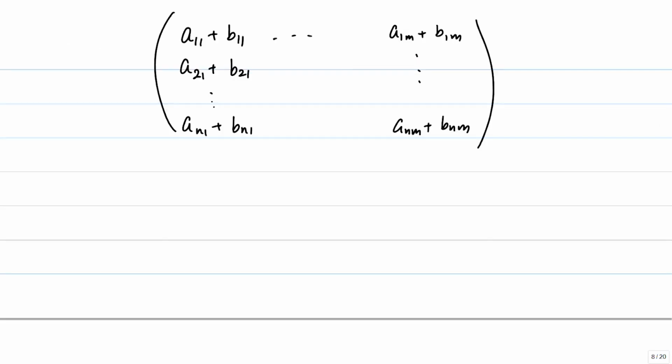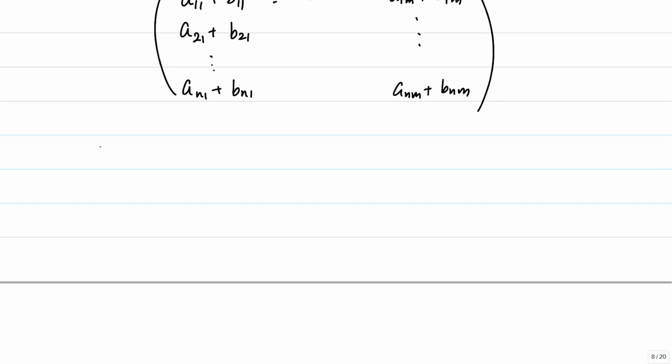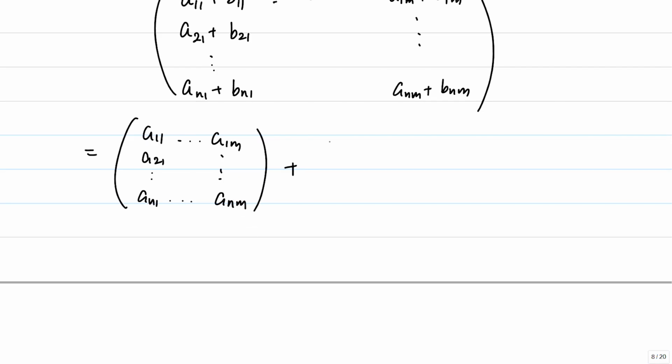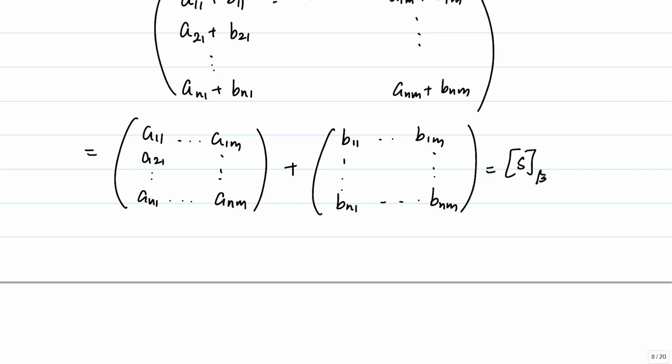which is exactly equal to the matrix A11, A21 up to AN1, ..., A1m, ANM, plus the matrix B11 to B1m, BN1 to BNM, which is equal to S beta gamma plus, did I write it wrong?